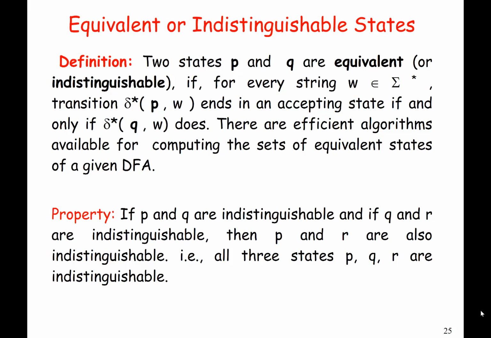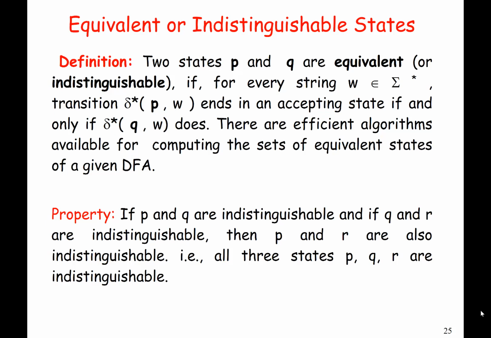So the definition that we will look at now is whether any two states are equivalent or indistinguishable, or they can be distinguished in any fashion. So we're looking for equivalent states so that we can combine them.